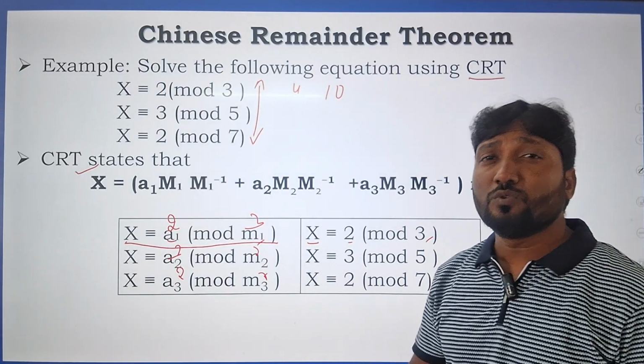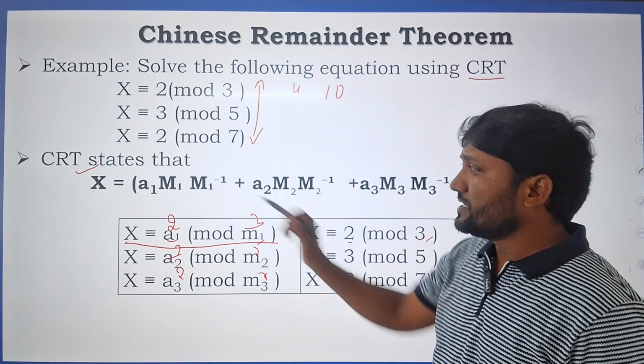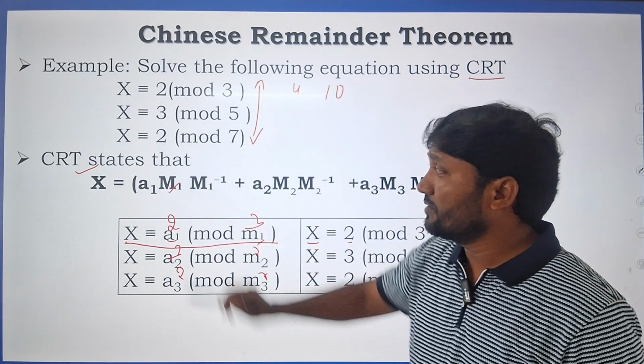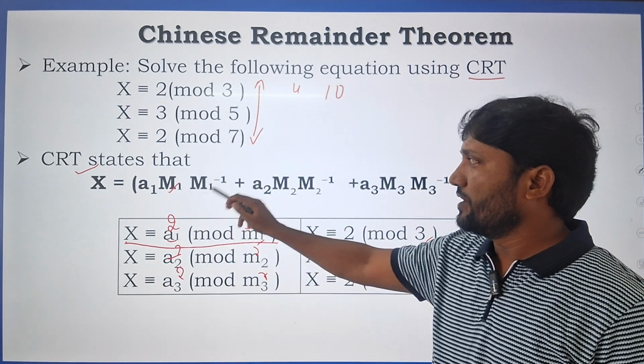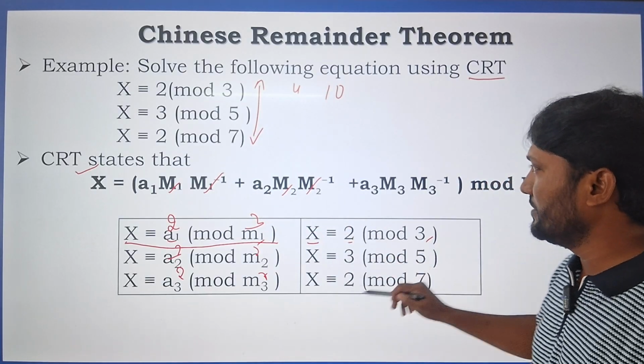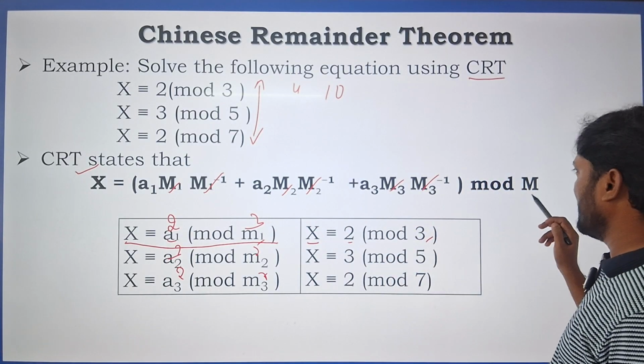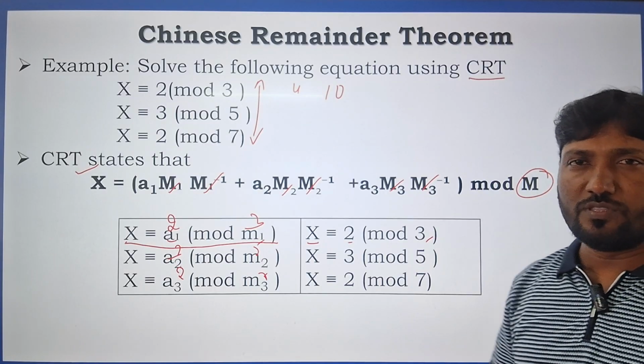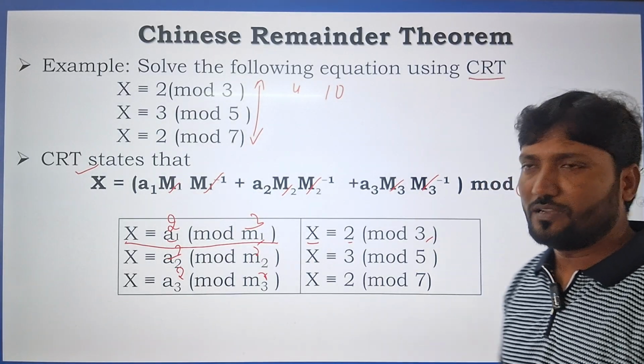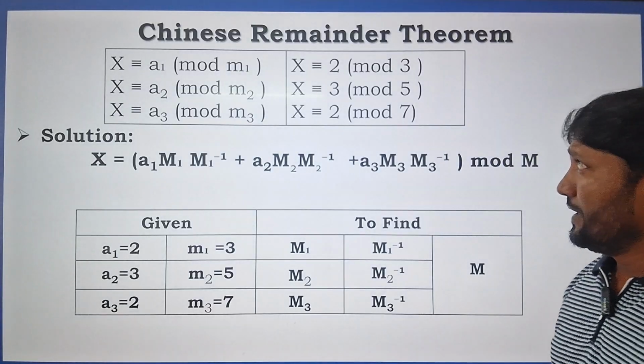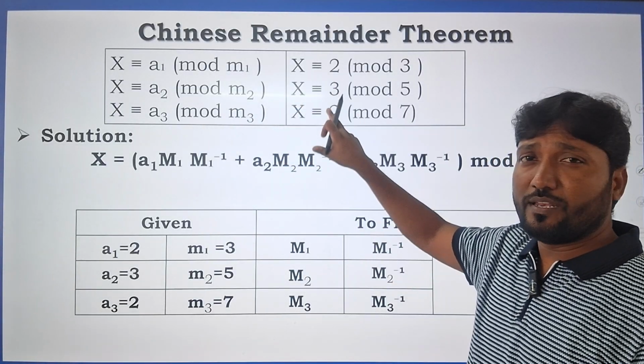Now what do we need to find from these equations? We need to find capital M1, M1 inverse, capital M2, M2 inverse, capital M3, M3 inverse, and capital M. These are the values we need to calculate. In the next slide, these are the given equations.